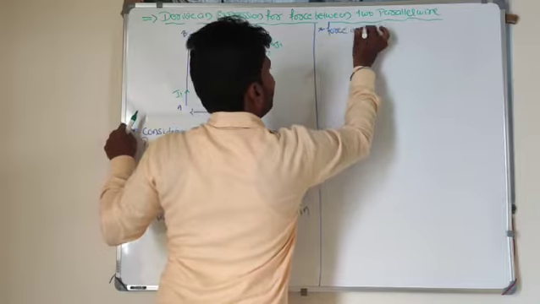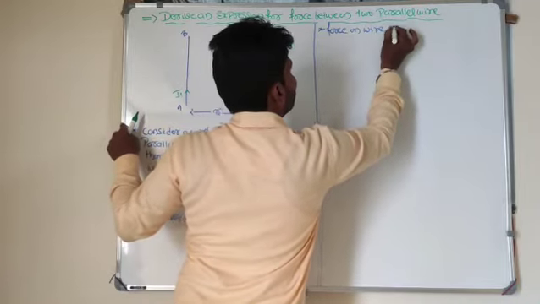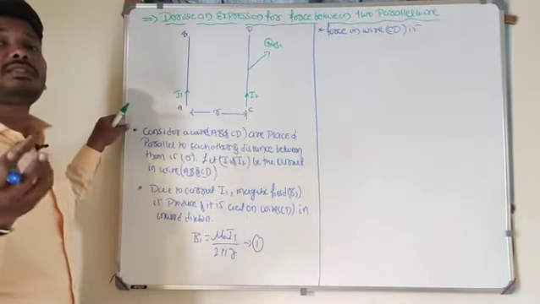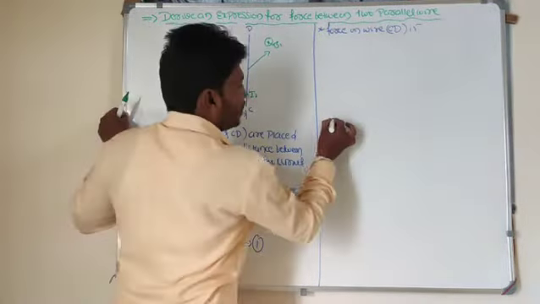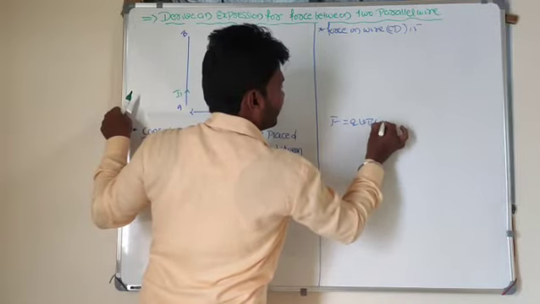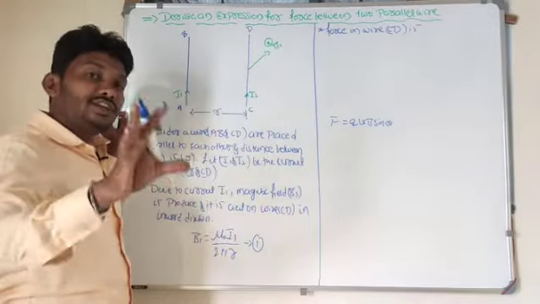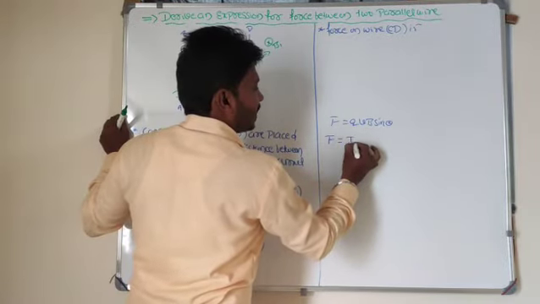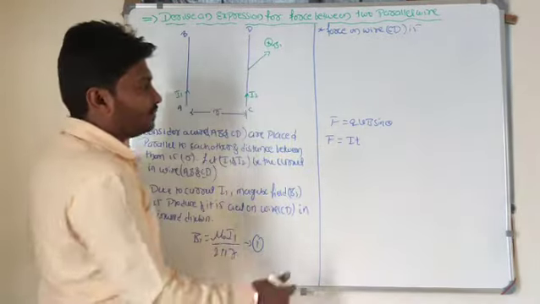What is the connecting formula for force acting on a current carrying conductor? From F is equal to QVB sin theta, I will re-alter it here.